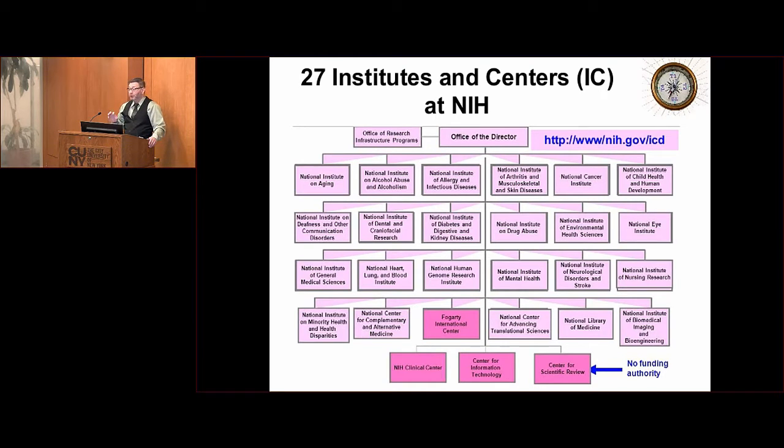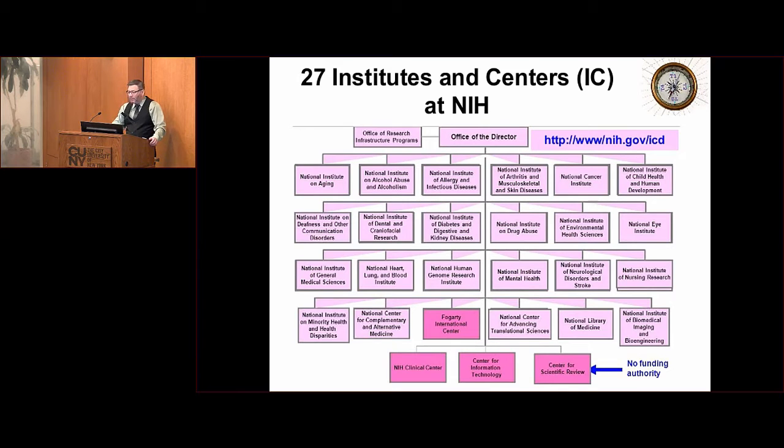That's where peer review is housed, and all of your grants, for the most part, get the study sections live there, they get reviewed there, they get assigned there, and then the scores move to the various institutes above. But if you'll notice above, the other 24 institutes and centers do have funding authority, so keep that in mind.